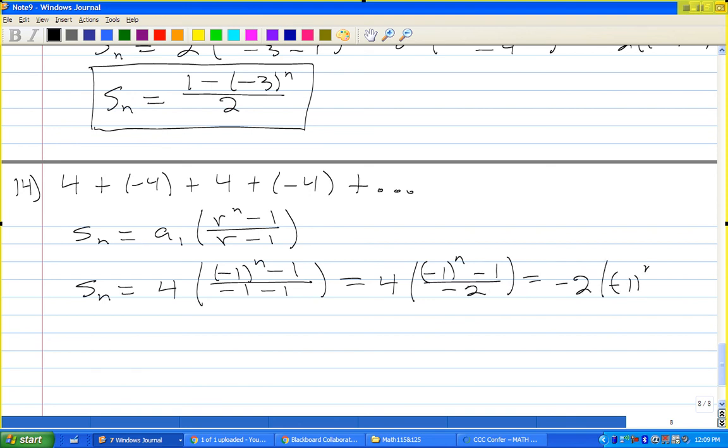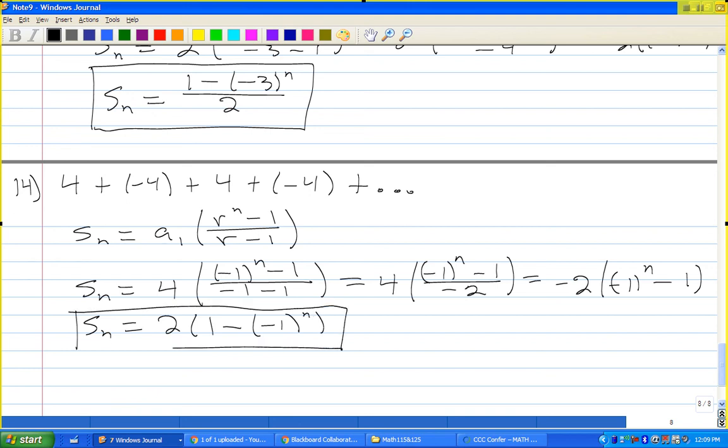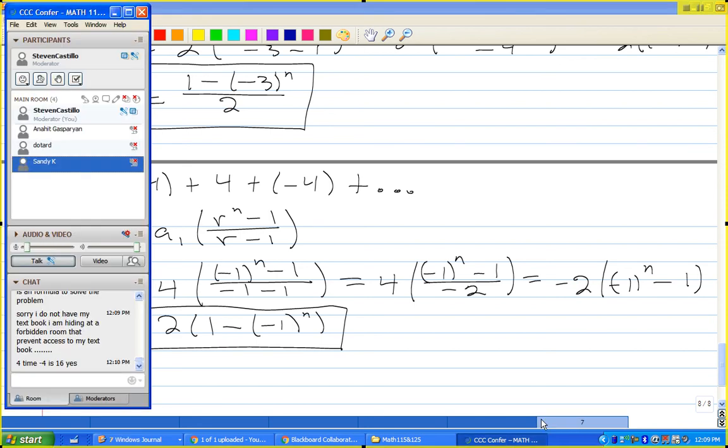Let me multiply the negative inside the parentheses. And so S sub n is equal to 2 times (1 minus (negative 1) to the n). Notice that your answer will either be 0 or 4.